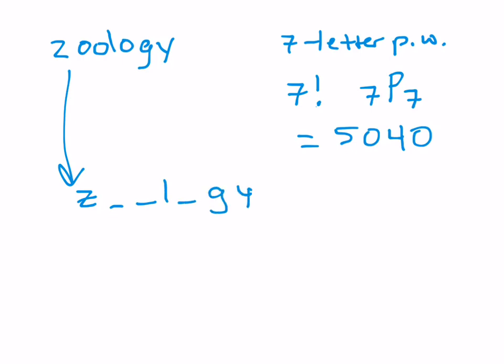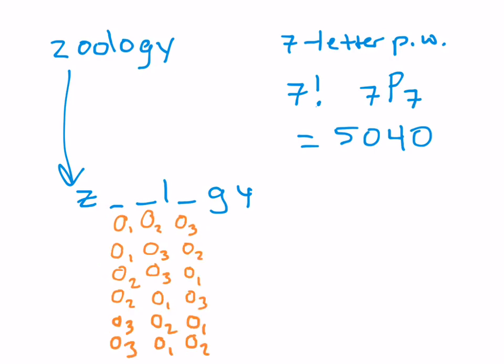It could be that O1 is first, and then O2, and then O3. It could be O1, O3, O2, or you could have O2 first or O3 first.